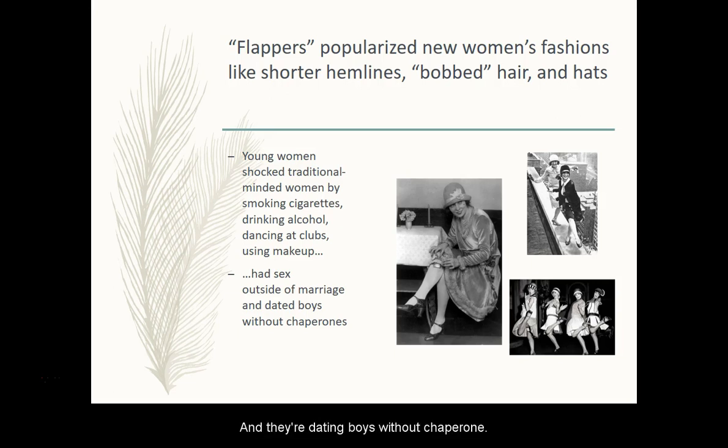And they're dating boys without chaperones. Prior to that, if you were courting, you could not be left alone. You had to have a chaperone there that would have been a family member. And they're breaking with all of these traditional ties, and they're embracing the new freedoms that they have.